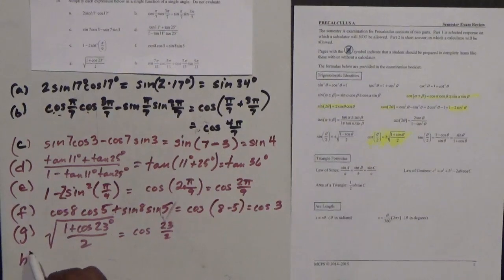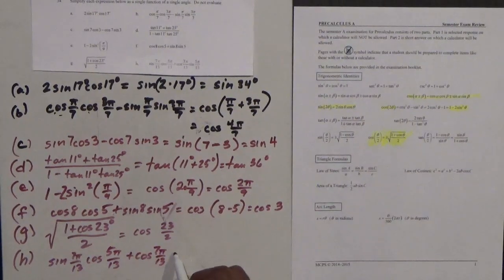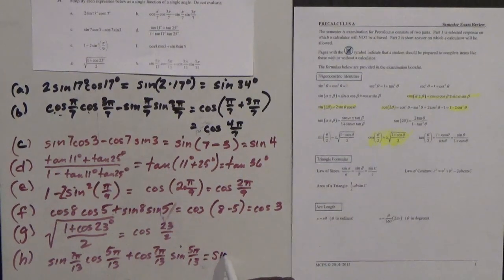And then the last one, H. You got sine 7 pi over 13, cosine 5 pi over 13, plus cosine 7 pi over 13, sine 5 pi over 13. It's not a cos, it's a sine cosine, so it is sine.